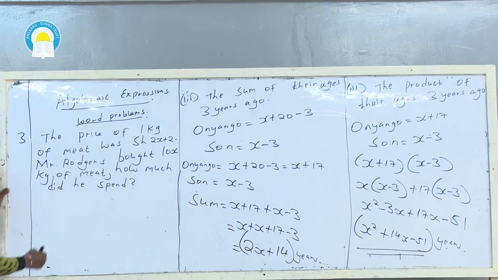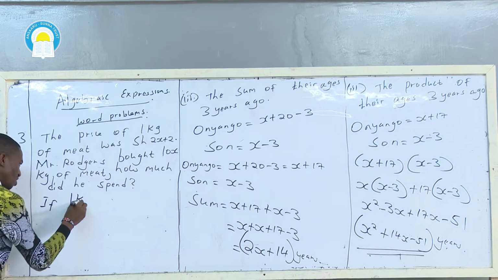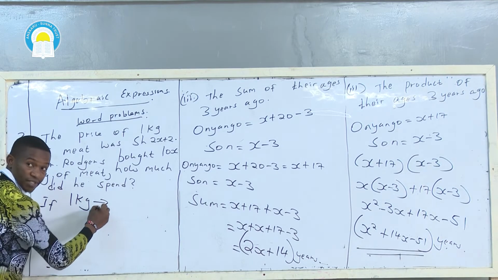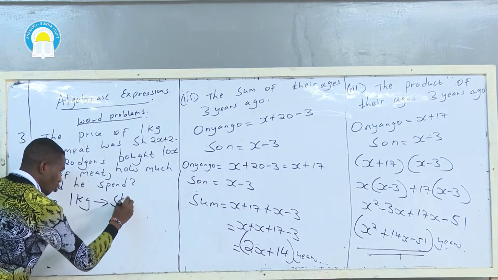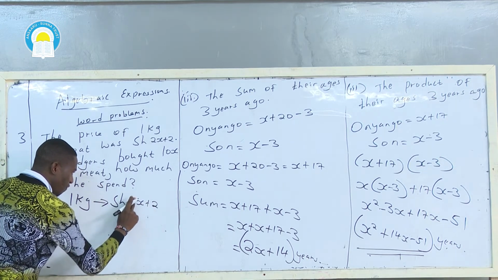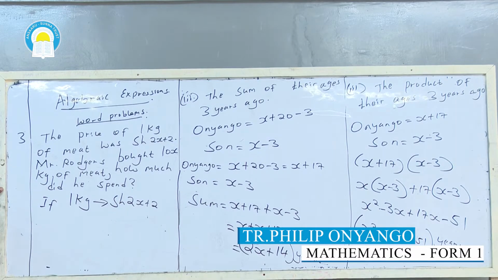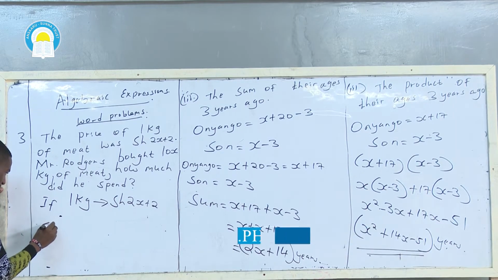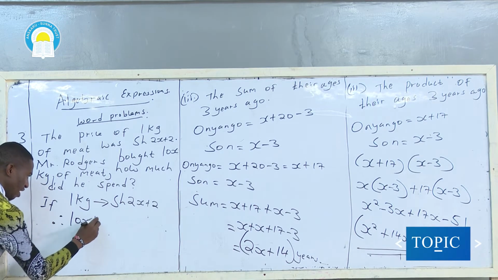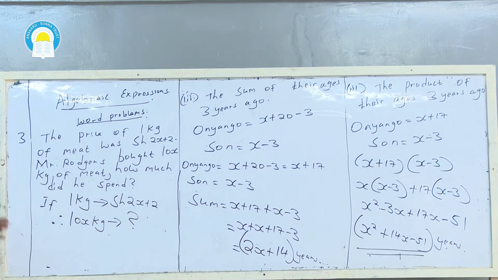So you'll come here and say, if 1 kg of meat costs 2x plus 2 shillings, therefore 10x kg of meat will cost how much?